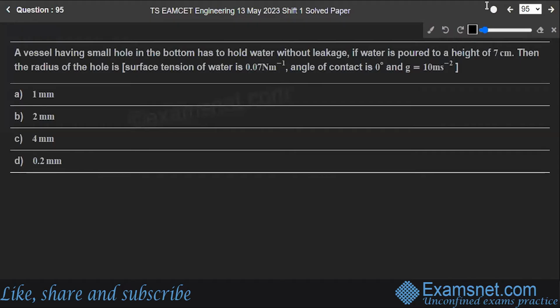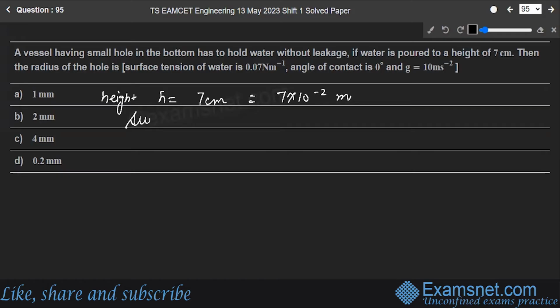Question number 95. A vessel having small hole at the bottom has to hold water without leakage. If the water is poured to the height of 7 centimeter, then the radius of the hole is, you have to take the surface tension of the water as this, angle of contact as 0, and g as this value. In the question, you have height h is 7 centimeters, which is equal to 7 into 10 raised to power minus 2 meters.